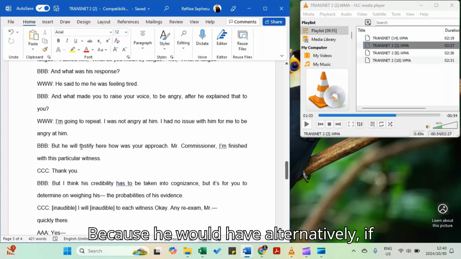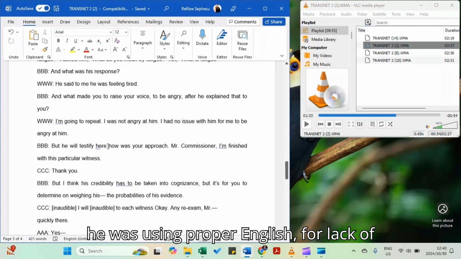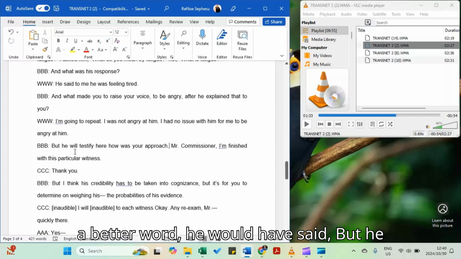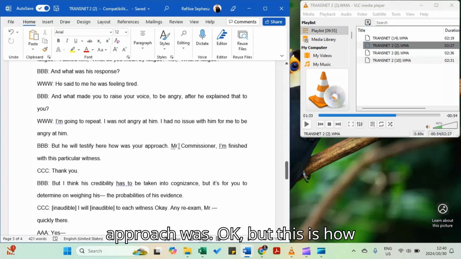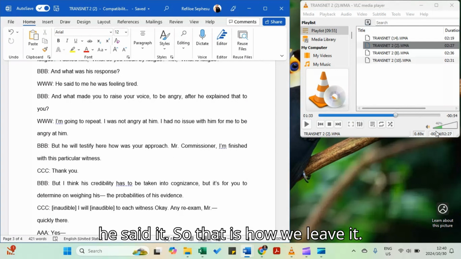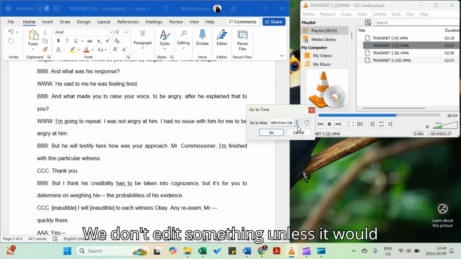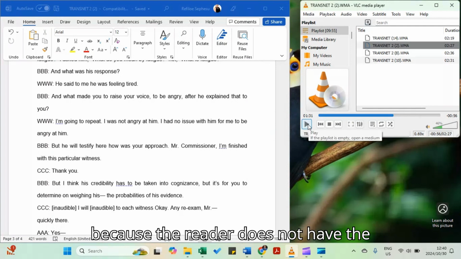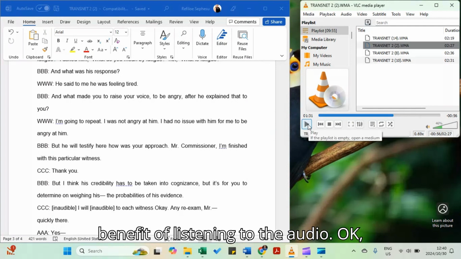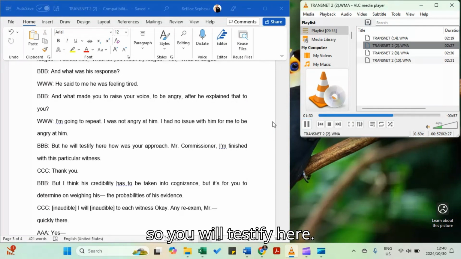Because alternatively, if he was using proper English, for lack of a better word, he would have said, but he will testify here how your approach was, okay? But this is how he said it, so that is how we leave it. We don't edit something unless it would cause absolute confusion to the reader, because the reader does not have the benefit of listening to the audio, okay? He will testify here. How was your approach?